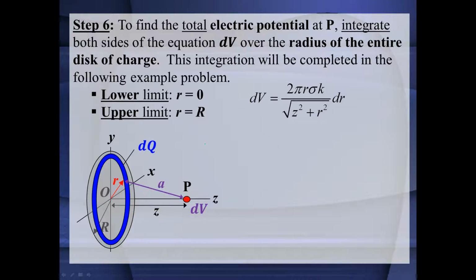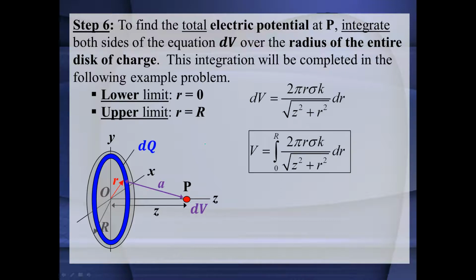That's where my last infinitely small ring would be located. By integrating, we add every single infinitely small ring together from r equals 0 to r equals capital R. Therefore, my equation would look like V is equal to the integral from 0 to capital R of 2 pi r sigma k divided by the square root of z squared plus r squared, multiplied by dr.